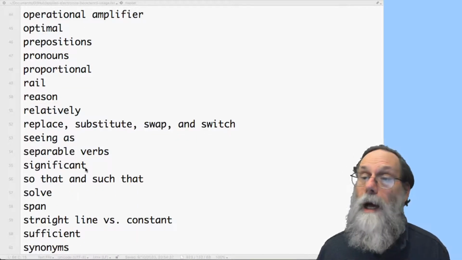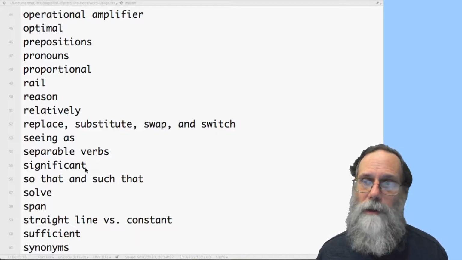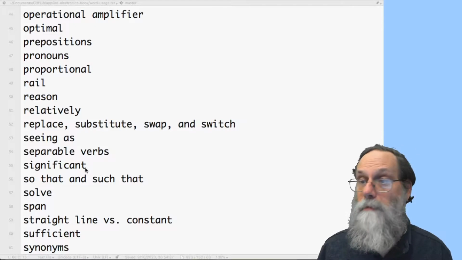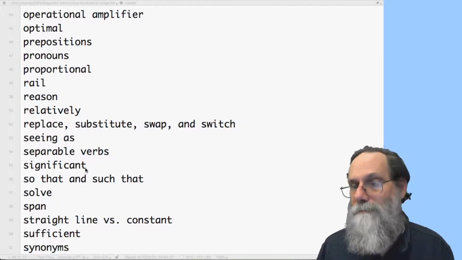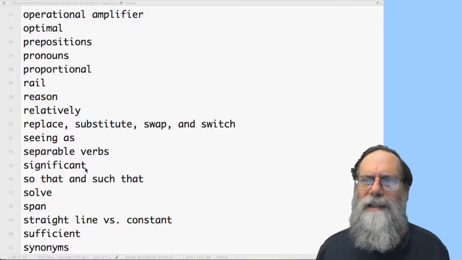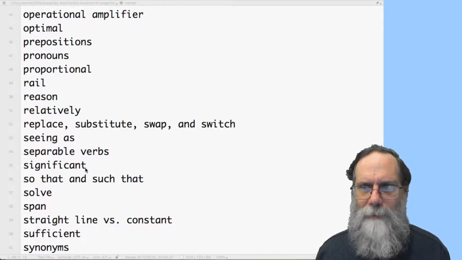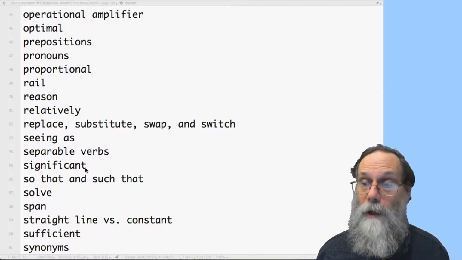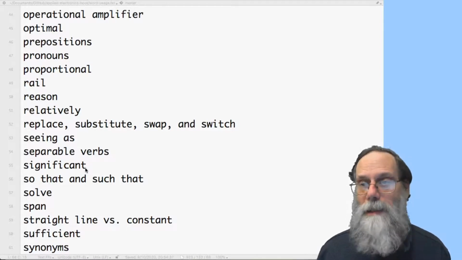Significant. A lot of you want to use "significant" in the colloquial English sense of important, big, signifying something. It doesn't get used that way in technical writing. In technical writing, "significant" is reserved for statistical significance.